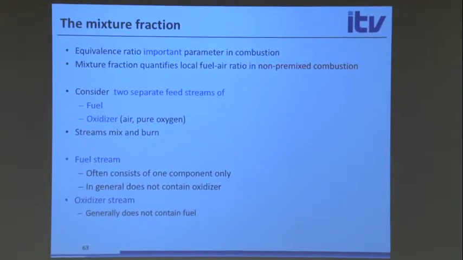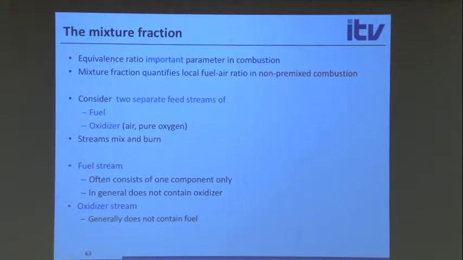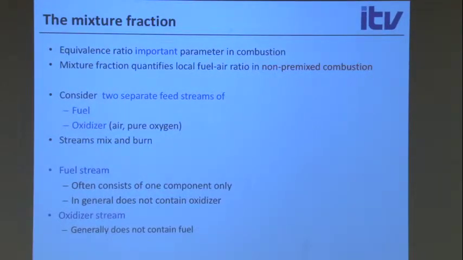So the mixture fraction, though, is a very important quantity that we want to define, especially for non-premixed combustion. The mixture fraction tells you how much of the mass locally comes from the fuel and how much comes from the oxidizer. So what we do here is we say we have 2 different streams. One is the fuel stream, one is the oxidizer stream.